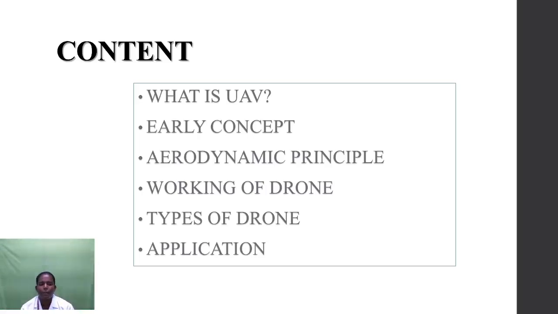Next we will understand the mechanism of the drone, following the different types of drones in our generation. We will also discuss the applications, design, control systems, hardware, and software of drone technology.